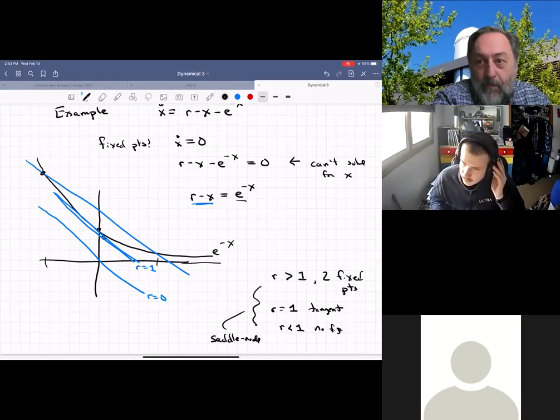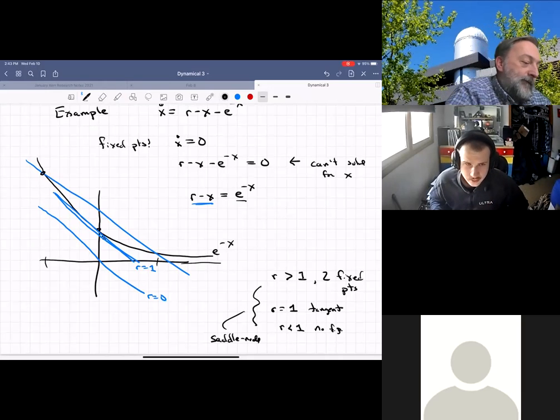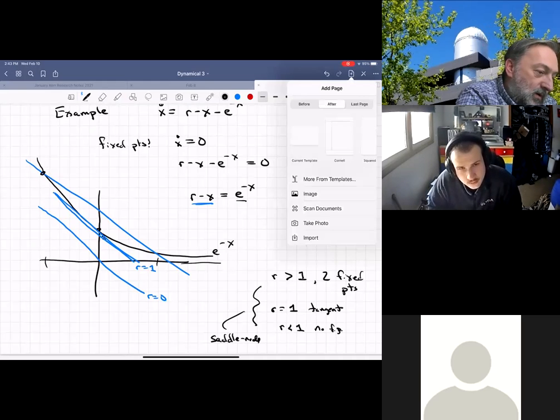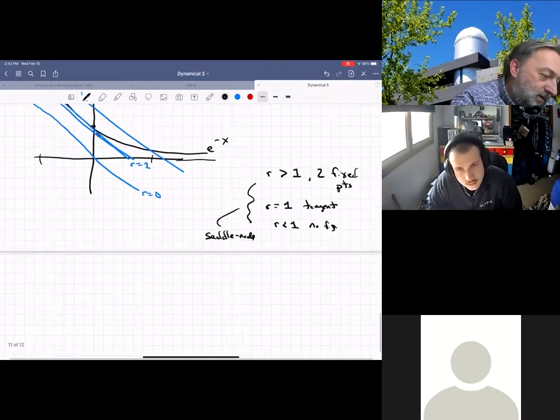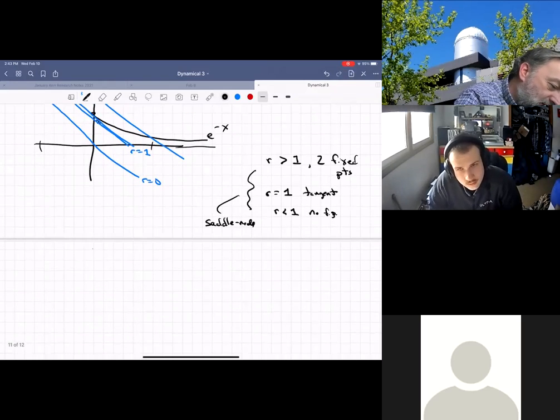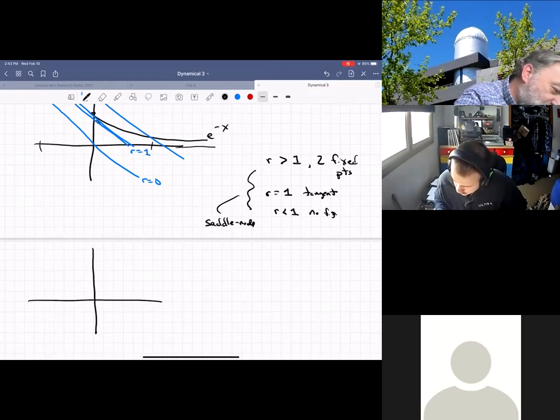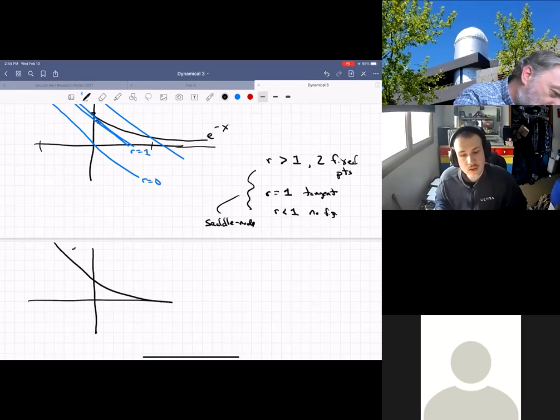Good. So the flow on this is going to be positive everywhere though, correct? Well, okay, so let's think about what the flow is going to look like. Let's suppose here's my e to the minus x.